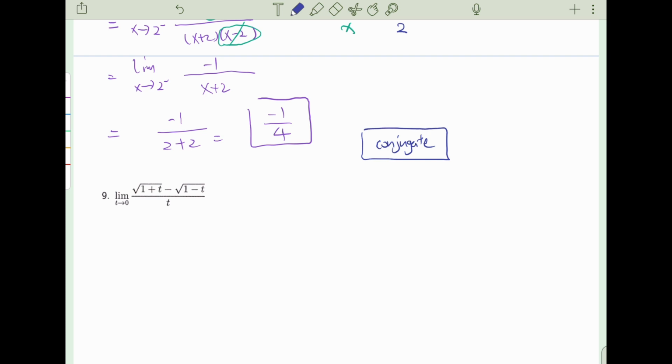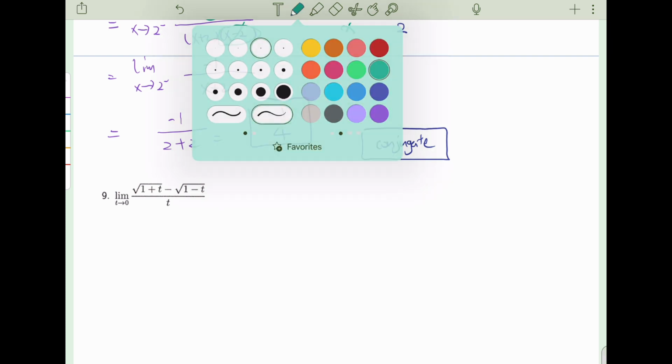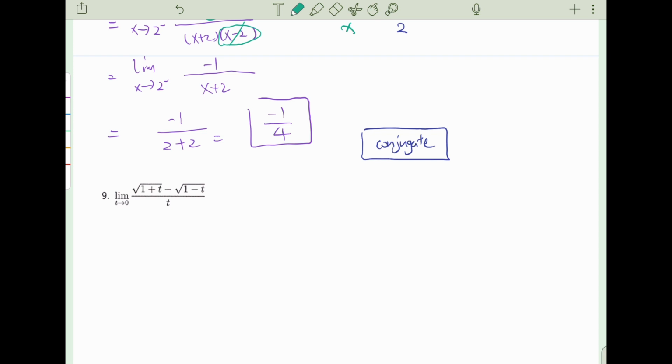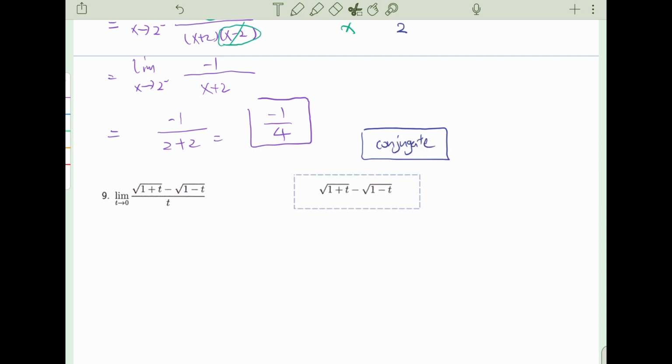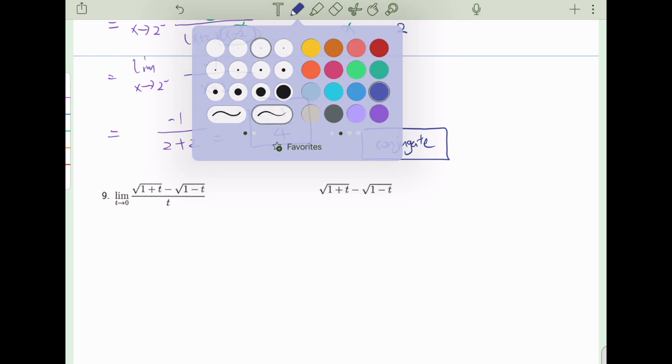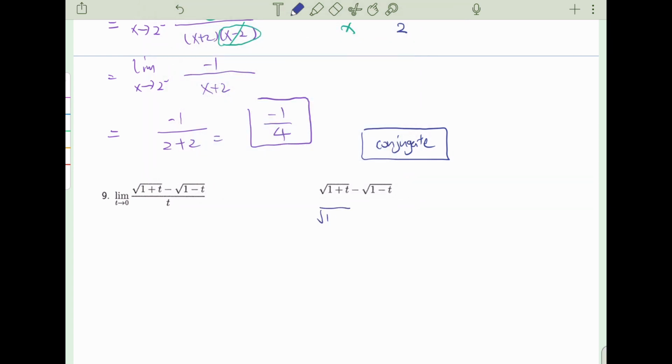The conjugate. From the top, I have this: one plus something square root, one minus this. And the conjugate of this is simply this stuff plus this stuff.